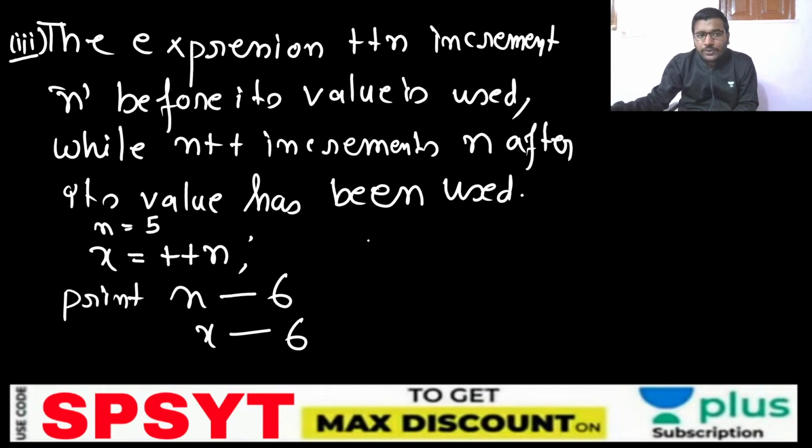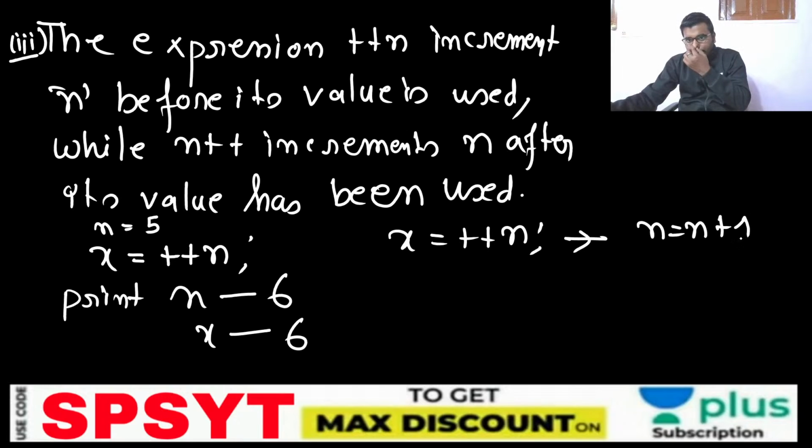So ++n executes as n = n + 1, then x = n. You can assume ++n works like this.